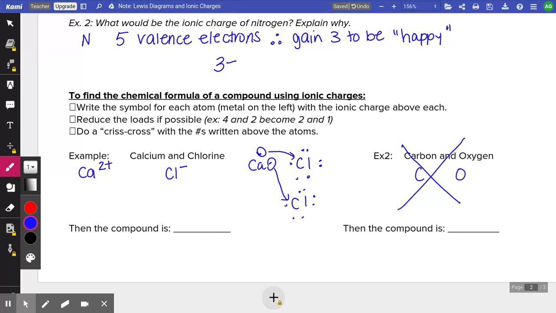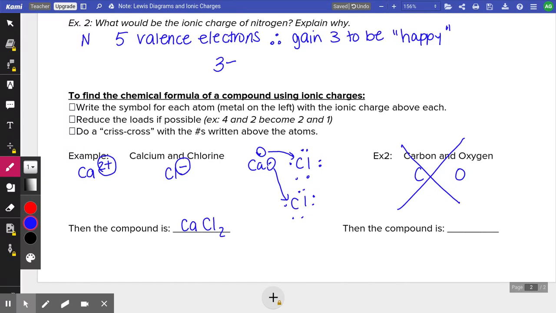Okay, so that means that our compound is CaCl2. Okay. Another way to do it, and this is the last thing, is to actually take these symbols and just drop them down. And that will give us CaCl2. We do a little crisscross, and then we're done. Good?